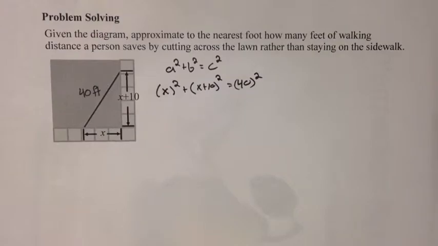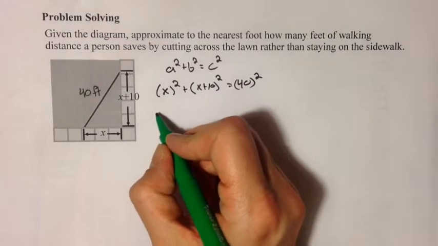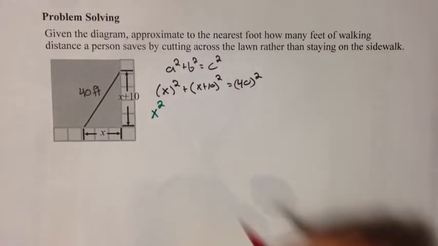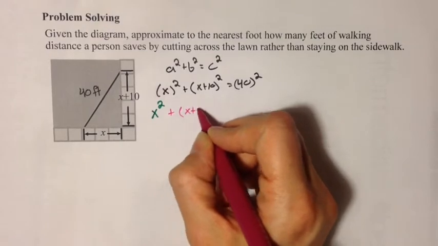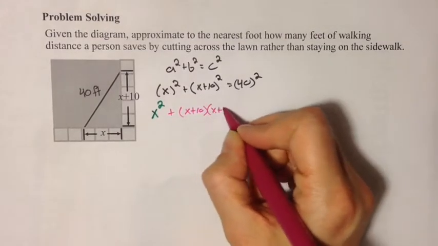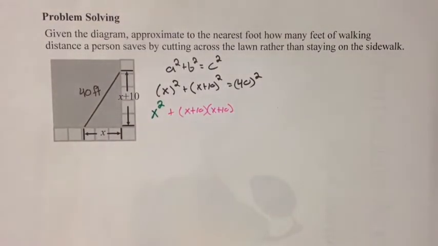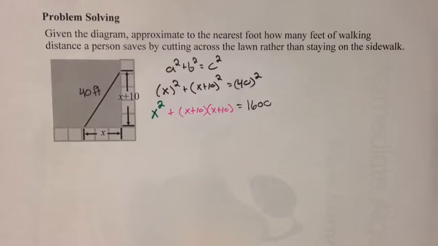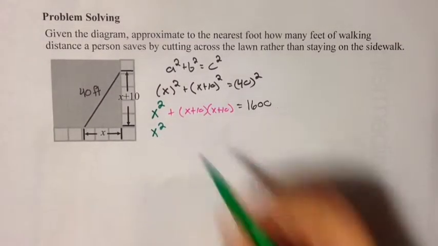I'm going to start by simplifying a little bit. x squared is the same as x squared. However, this (x plus 10) squared, I'm going to need to actually FOIL that out. This is x plus 10 multiplied by x plus 10. And then this whole thing equals 40 squared, and 40 squared is 1600. Let's go ahead and continue working on this here. I've got an x squared.